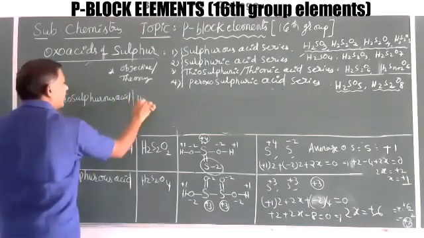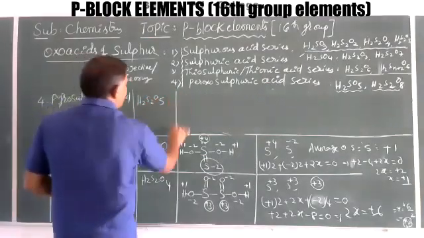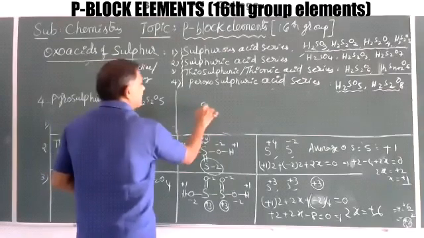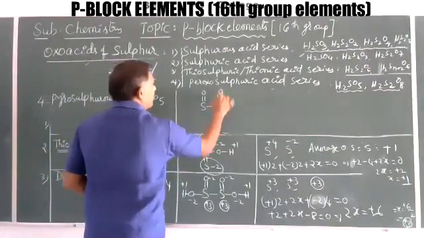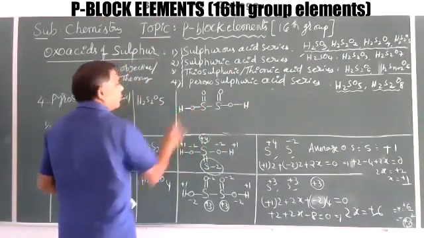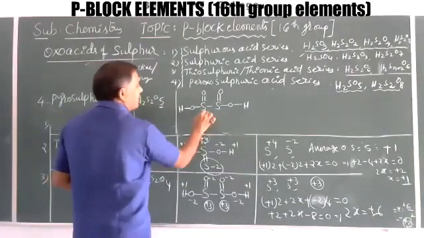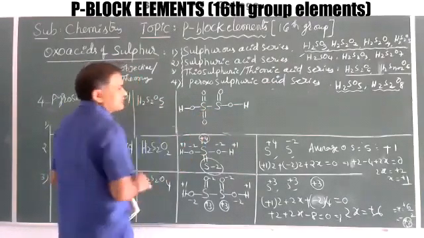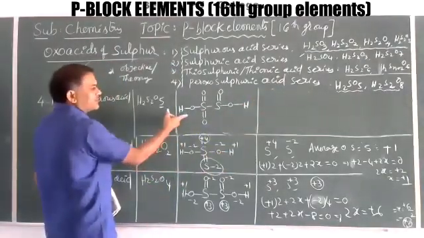Formula is H2S2O5, this is. And its structure is sulfur, sulfur. There is a double bond O, bond OH. And here there is one OH. One more oxygen atom is there, either here or here, take anywhere one more like this. Now this is the structure of pyrosulfurous acid.